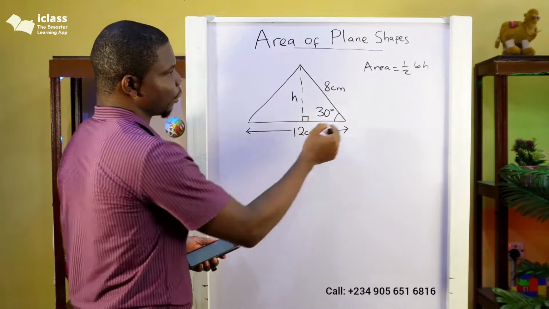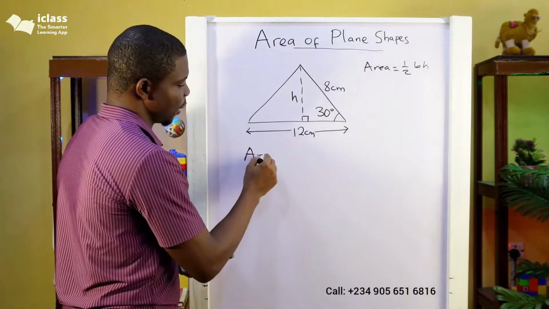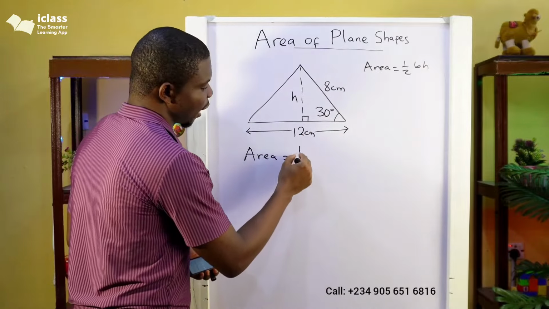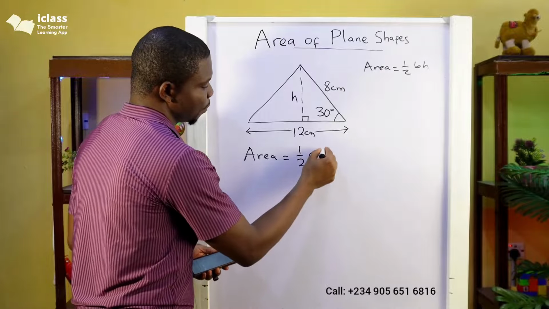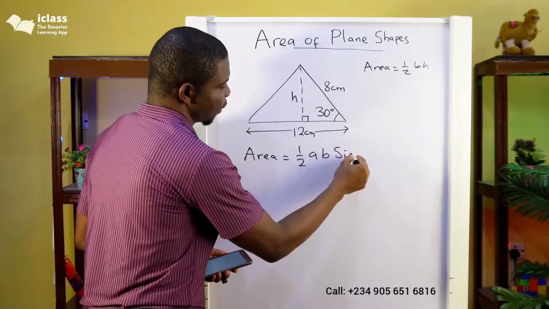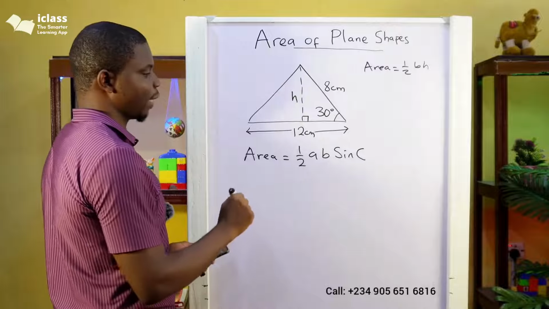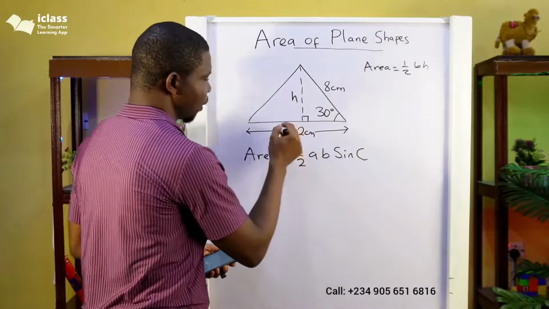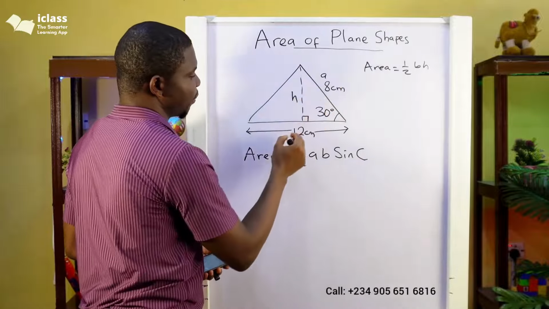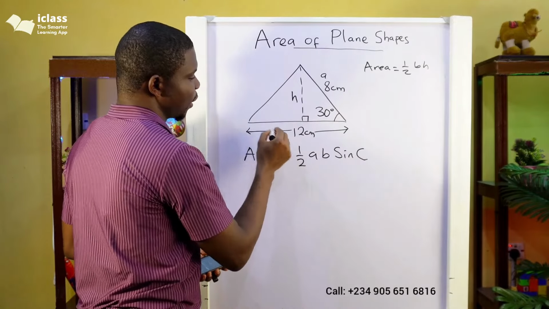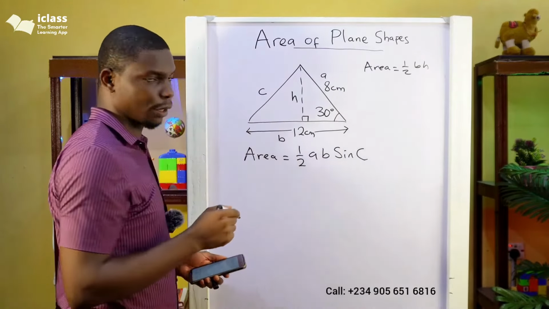Another formula for area of a triangle is half AB sine C. So if I label this as A, if I label this other side as B, then this other side will be C. Okay?